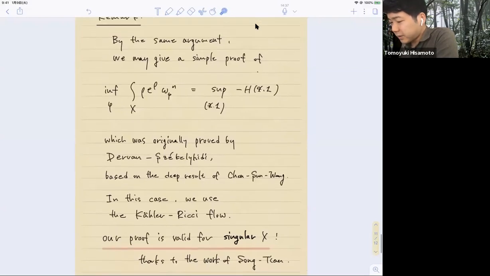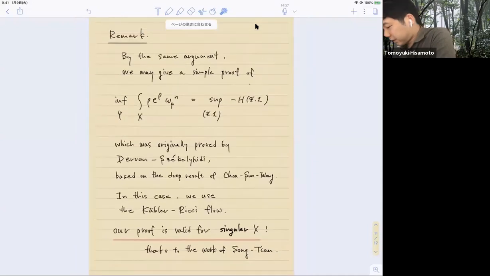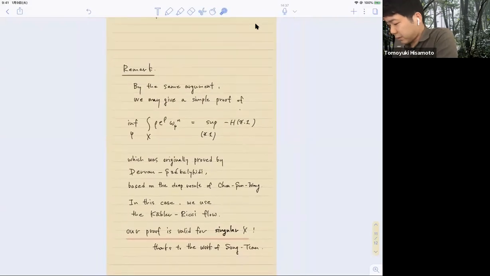So the same kind of equality holds for singular Fano varieties. So yeah, I think it's almost time. So I stop here. Thank you.